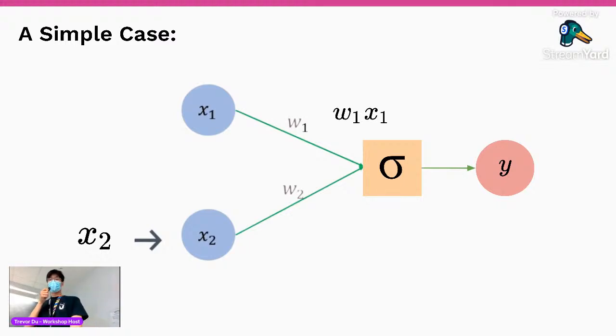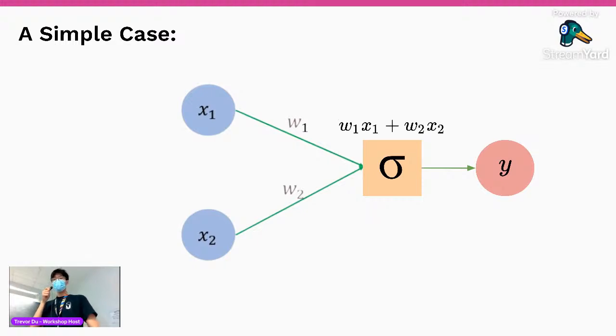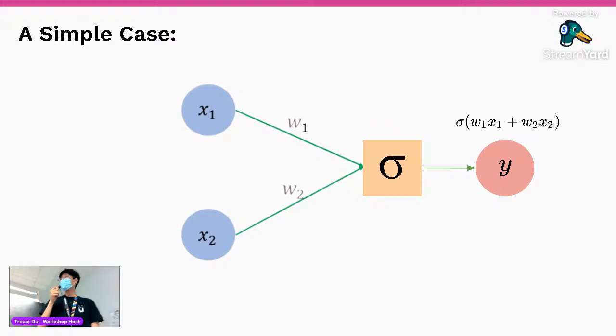And let's take a look at the bottom half. We take x2, we multiply it by the weight w2. And then with those two terms, once we've computed all the weights multiplied by the inputs, we just add them. And after we add them, we pass them to the activation function.